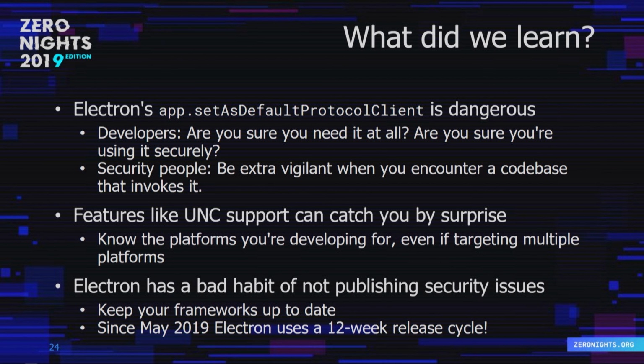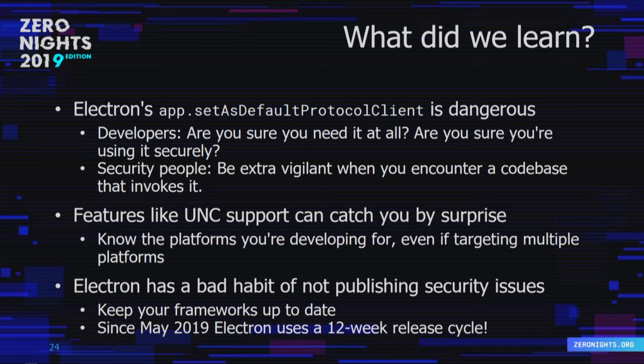And finally, Electron has this bad habit of not publishing security issues and sufficiently informing the developers about them. So it's critical to keep your frameworks up to date, even if there's no publicly documented vulnerability in that framework.